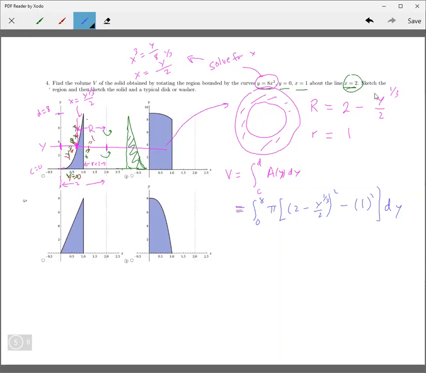Let's go ahead and square all that out. That's 4 minus, multiply those together, you get negative y to the 1/3, double that, so minus 2y to the 1/3. And then square this last one, that's going to give you y to the 2/3 over 4. And then this is minus 1.